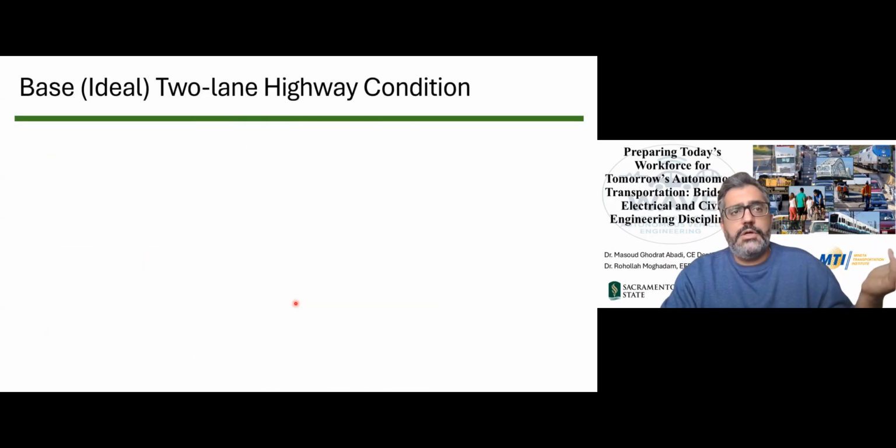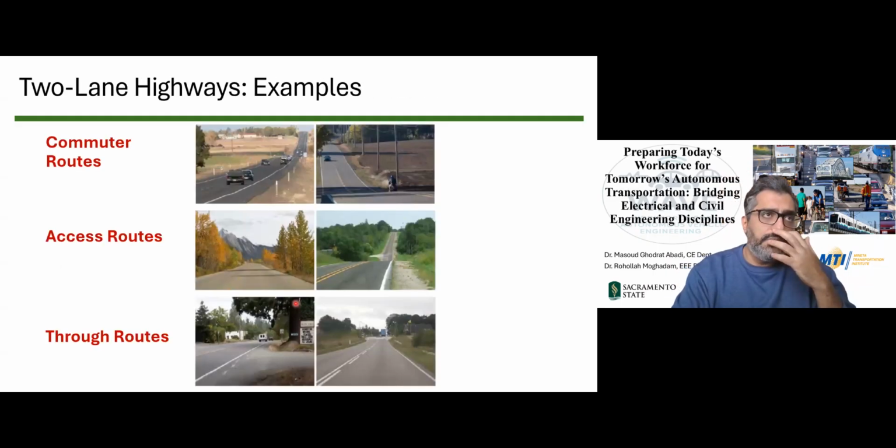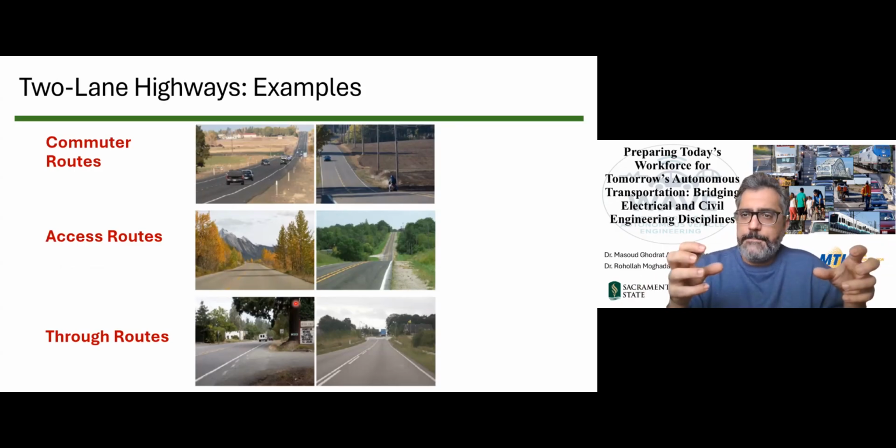Some examples of two-lane highways: we have commuter routes. Commuter routes usually connect two urban areas with each other.